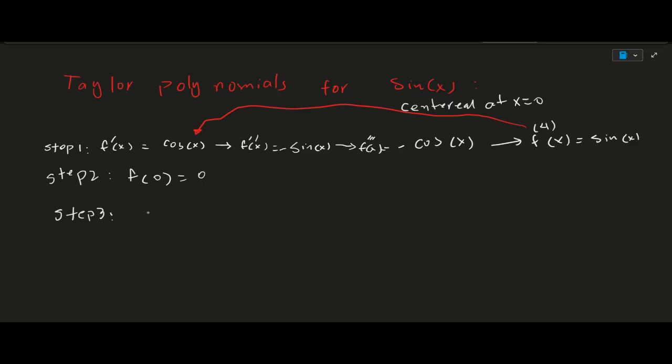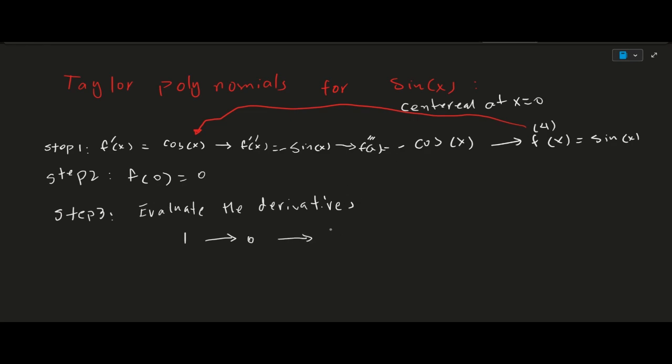So now, what does this mean? It means we evaluate the derivatives. f prime at 0 is cosine of 0, which is 1. Then negative sine of 0 is 0.